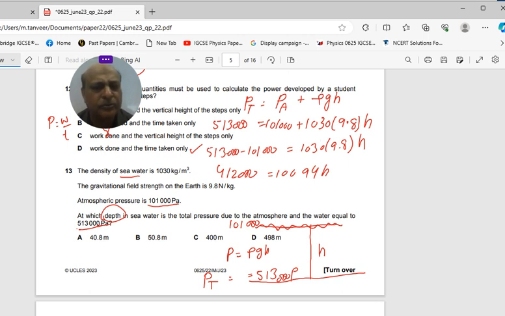So when you divide this, h equals 412,000 divided by 10094, so your answer will be 40.8 meters. This is the depth.